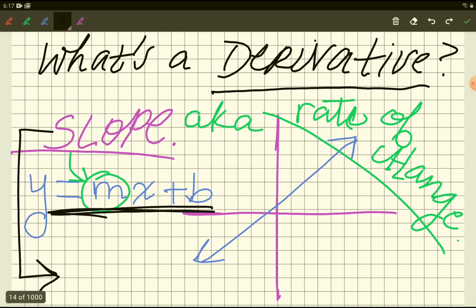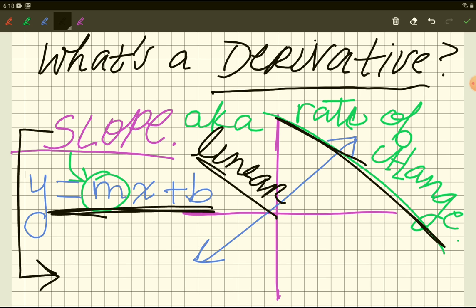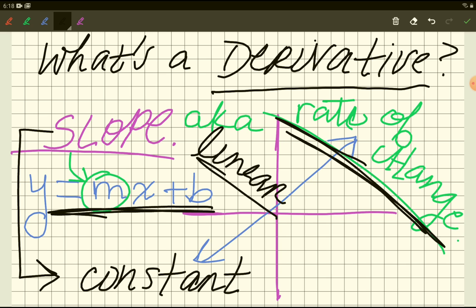So when we're talking about slope traditionally with linear equations, not only is slope a rate of change, but it is a constant, I don't want to say unchanging, constant rate of change.